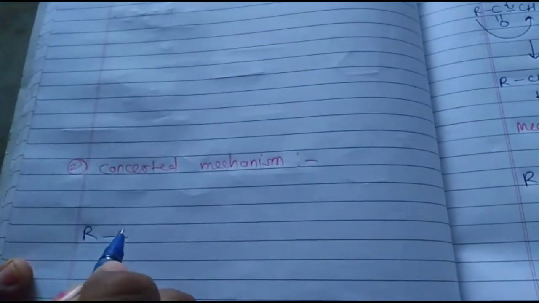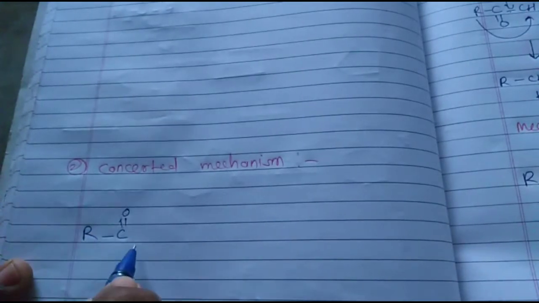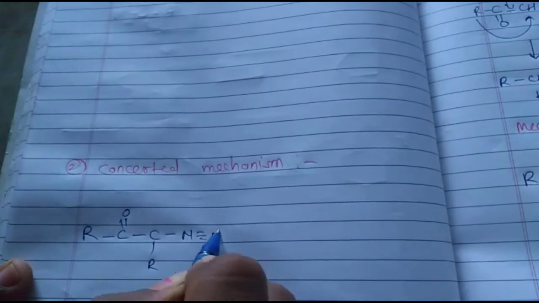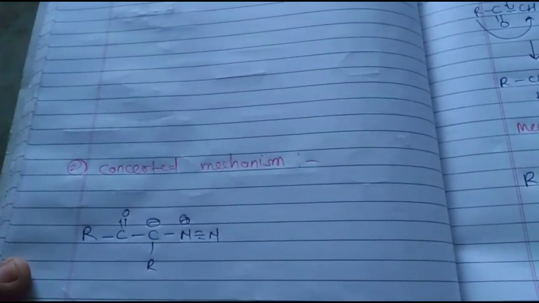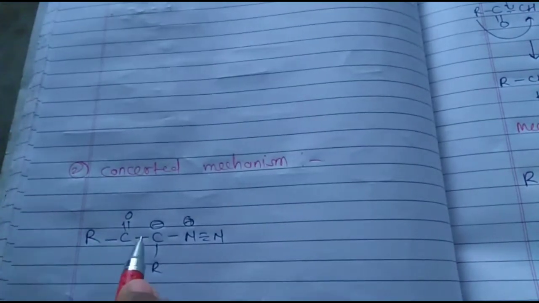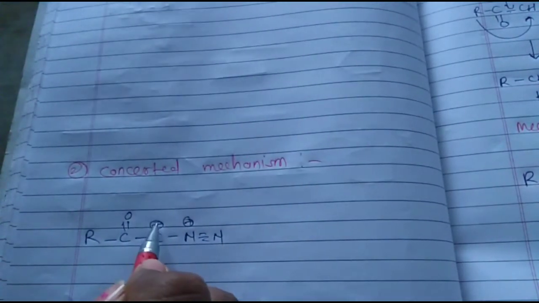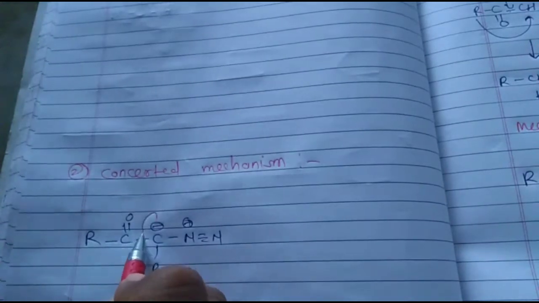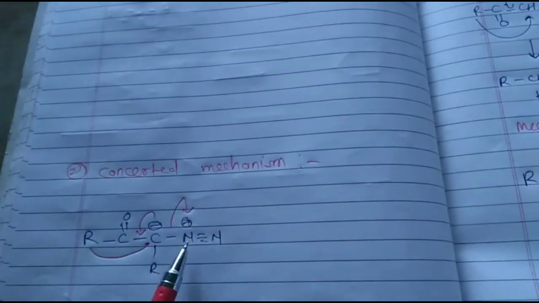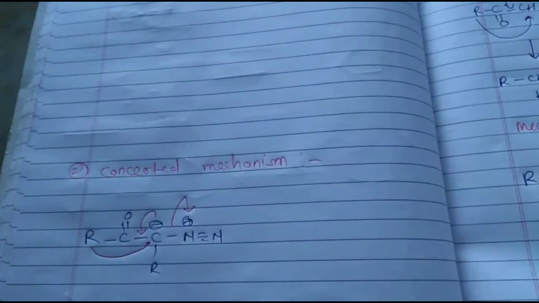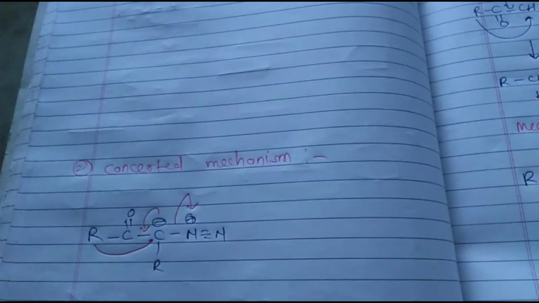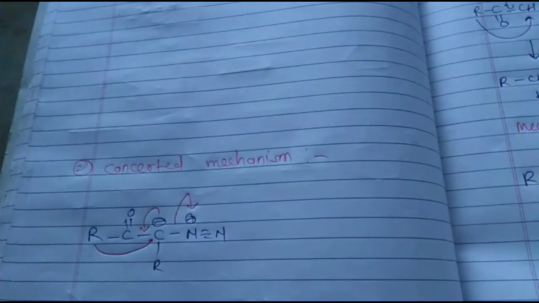Here, this is our reactant RCO, CR, N triple bond N plus, and this is N minus. At the same time, this negative charge is shifted to this carbon, then this R group is rearranged to this carbon, and the diazo group is removed. All these changes happen at the same time, not stepwise.